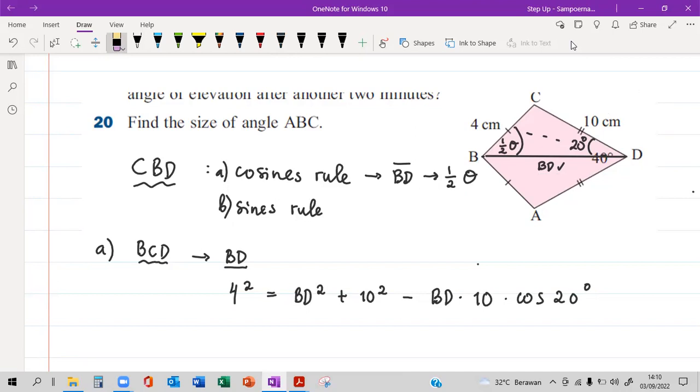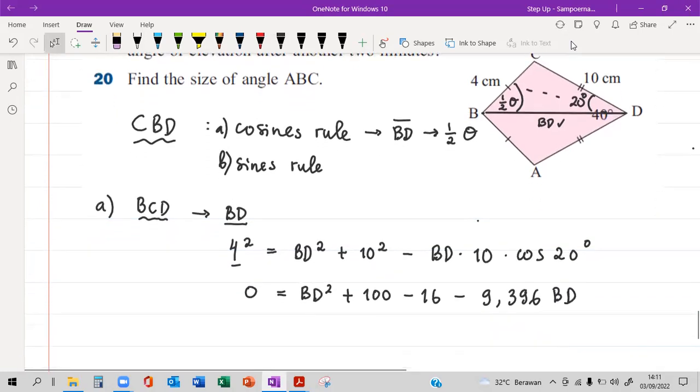Yeah, much easier is the sines rule. I'm going to show you soon. So now you have 0 equals BD squared plus 100 minus 16 from the left side, minus, so I'm going to calculate 10 times cosines 20, which is 9.396 BD.